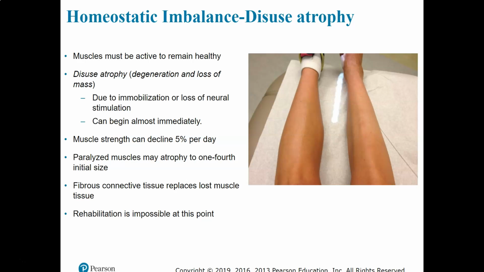Paralyzed muscles can atrophy to 1/4 of their original size, and eventually the muscle tissue can get replaced with fibrous connective tissue, and at that point, because skeletal muscles don't have great regenerative capabilities, rehabilitation isn't actually possible. So it's really important, if possible, to maintain the use of your muscles.